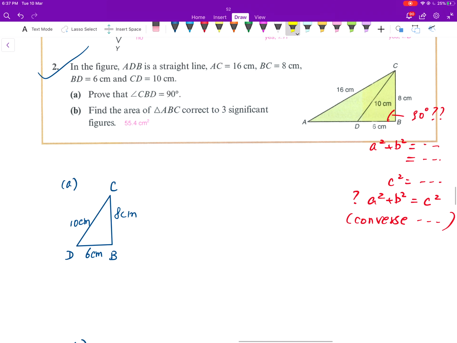If you see the keyword proof, you do it in this format and apply the converse of Pythagoras theorem.